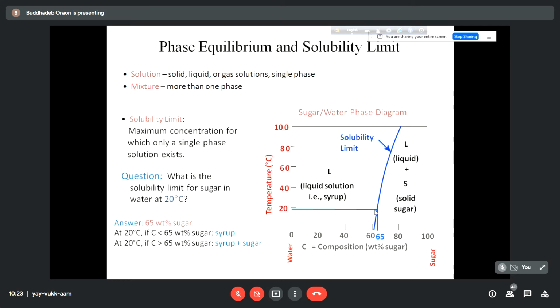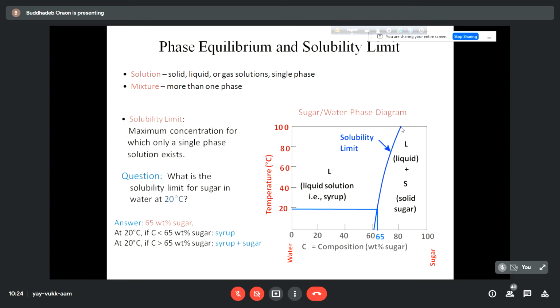On the other hand, at this particular temperature, we are getting only one liquid phase when the composition percentage is less than 65%. So basically there is a line here which demarcates the liquid phase and the liquid plus solid phase. Technically, we will call this line the liquidus line.